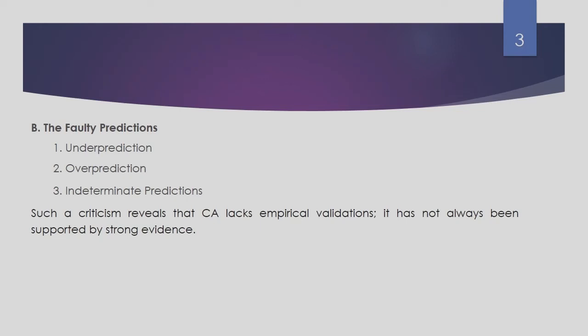At this level, many other sources of errors have been recognized. In the case of over-prediction, some research findings asserted that CA over-predicts errors where they have not occurred.